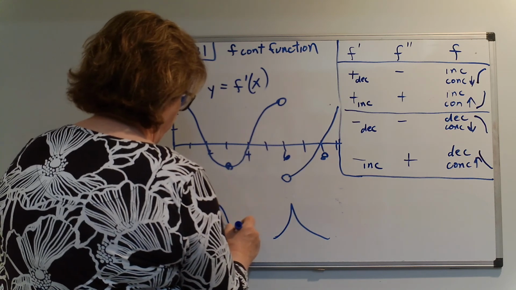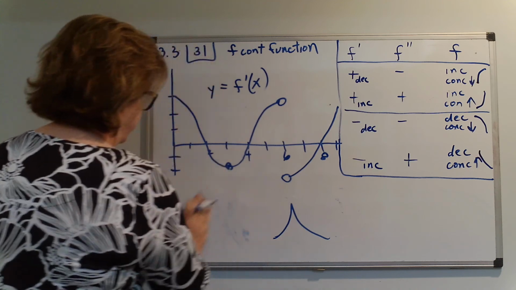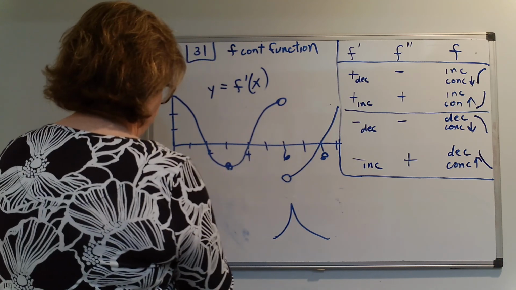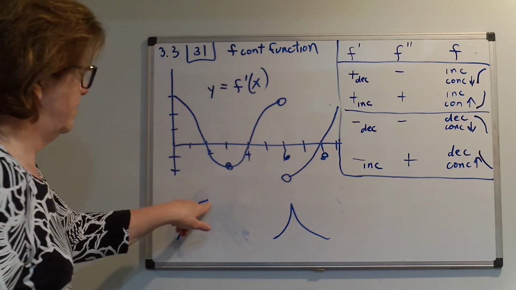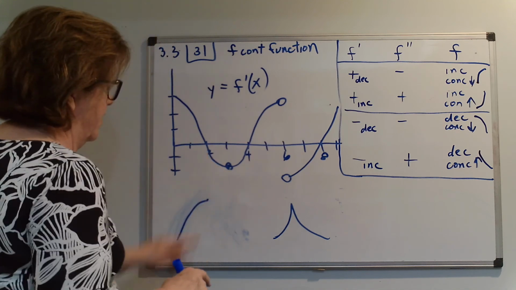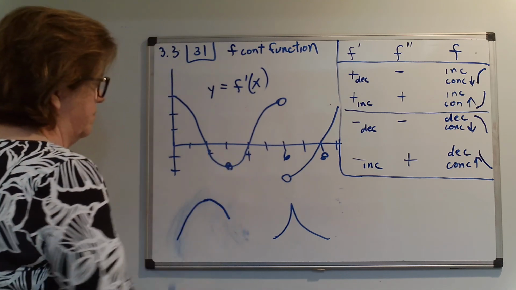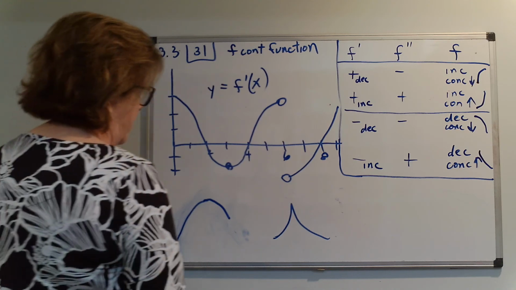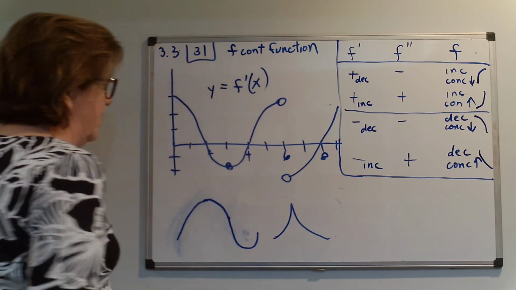Here's an inflection. Oh, wait a minute. So let me see. Increasing at 2, we're going to hit our local max. And then we're going to be decreasing. And here, concave down. Here we switch from concave down to concave up, right? So we go from concave down to concave up.